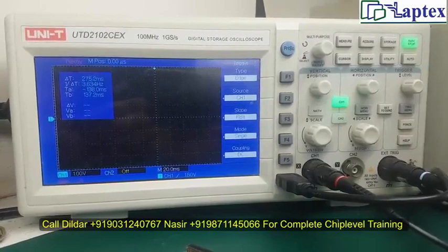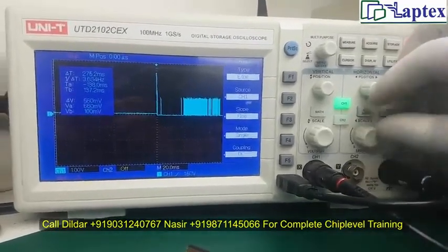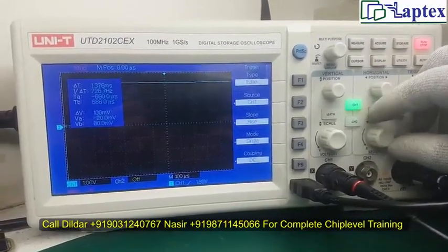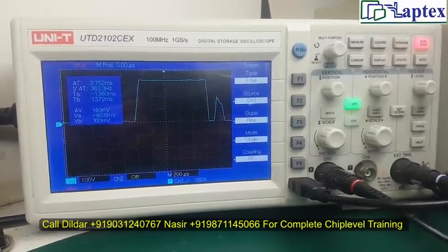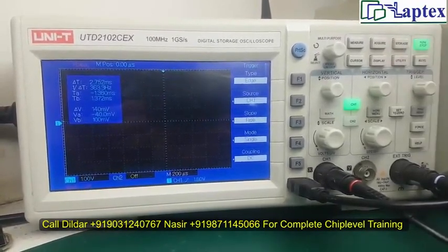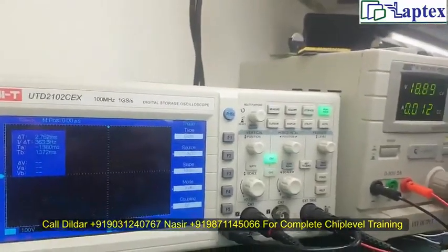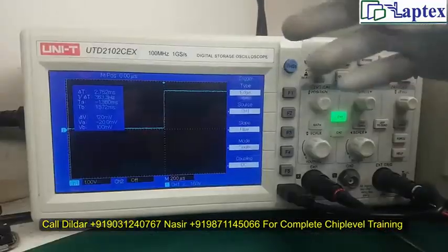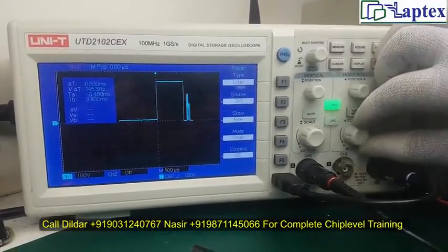Let me press once again. Now something you have seen here. Let me set it to 20 microseconds. Now let me turn it on once again. We are not getting any data on this DSO, so what I have to do is select it this way.